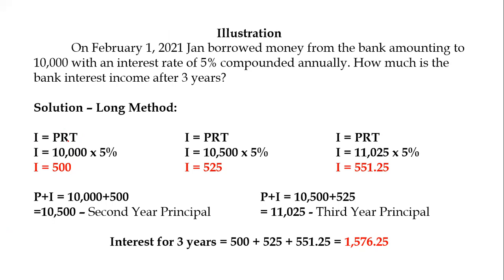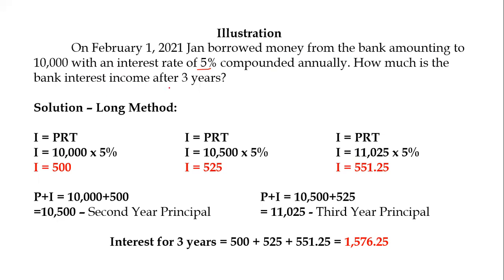time. So let's assume that on February 1, 2021, John borrowed money from the bank amounting to 10,000 with an interest rate of 5% compounded annually. How much is the bank interest income after 3 years?